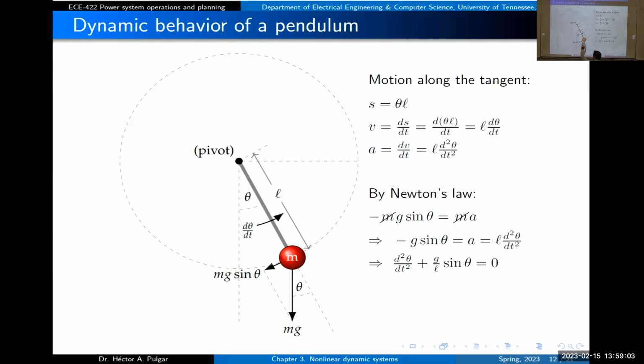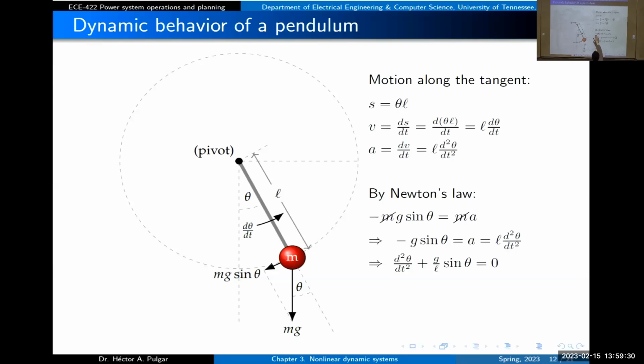We can get the composition of this force along that tangent, and we can observe here that the angle you have here is the same angle theta. So if this is the force mg, then mg sine of theta will give you this projection, which is the force that will be applied along the tangent. And this force is in opposition to the movement.